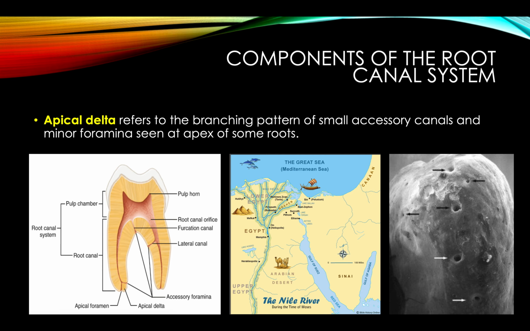Just like the river delta, which represents small branches of the main river, the apical delta represents small multiple accessory canals that branch from the main root canal. You can see on this image the electron microscope image showing multiple openings of the accessory canals leaving the tip of the root.